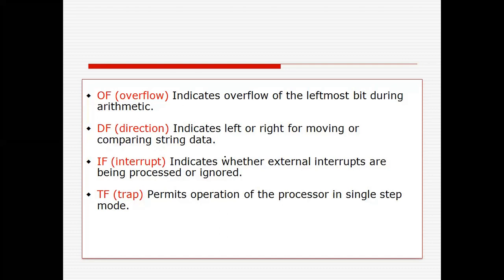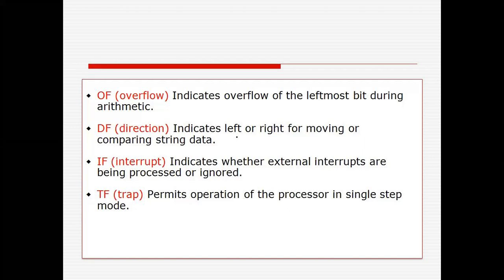The direction flag is used with the source and destination pointer registers, to indicate whether to increment or decrement their contents. If the direction flag is 0, the contents are decremented. If the direction flag is 1, the contents are incremented.